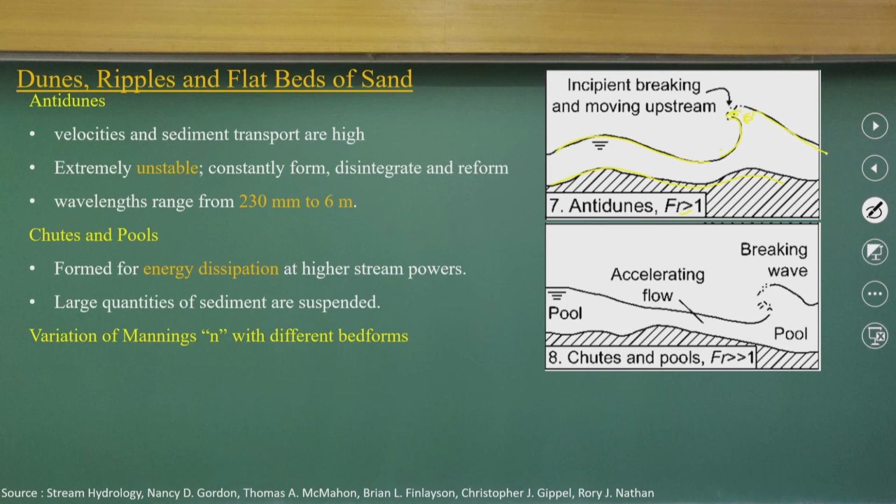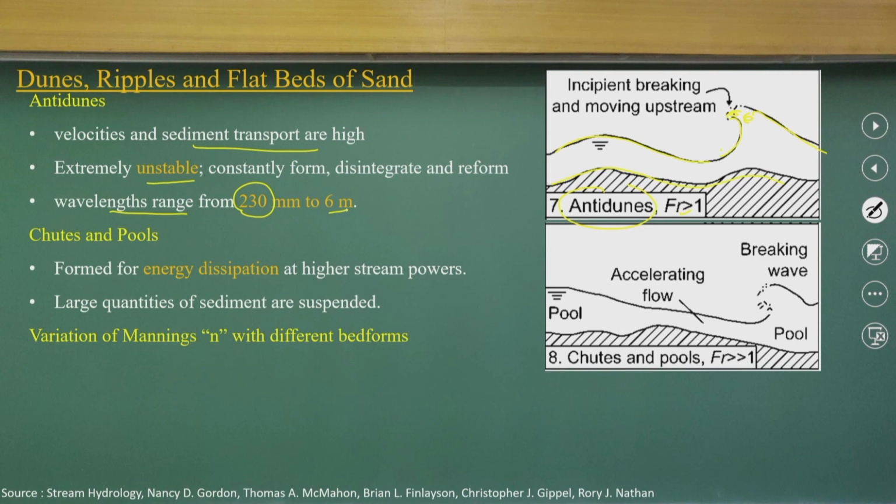That is antidune formation, which happens when the Froude number is greater than 1. The sediment transport is rare, and extremely unstable conditions happen. The wavelength ranges from 230 millimeters up to 6 meters.